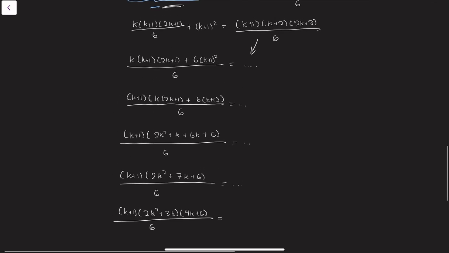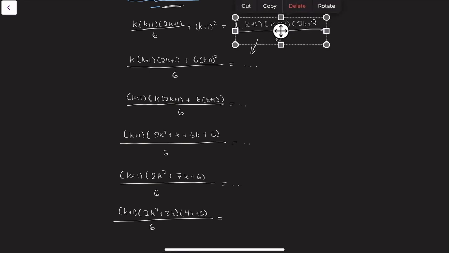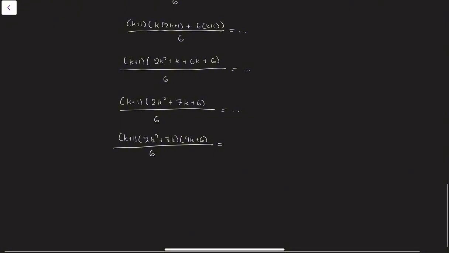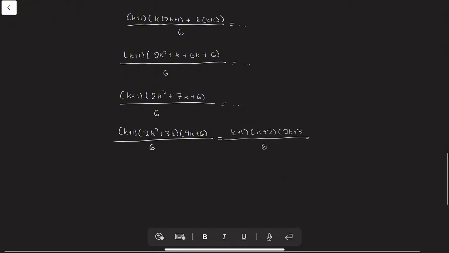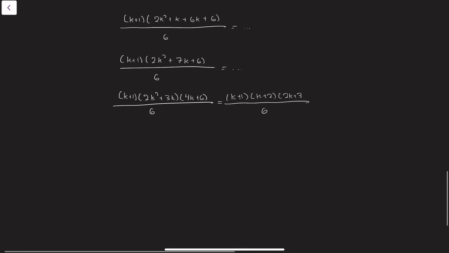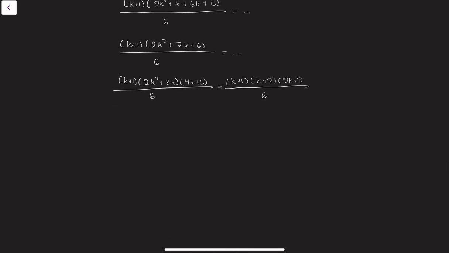And I'll copy this value here now so that we can have it as a reference. Perfect. Well, then if we're factoring these two, we can pull out (k+1).